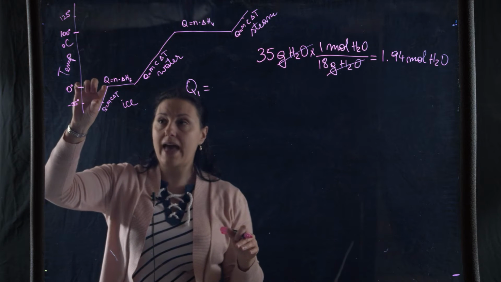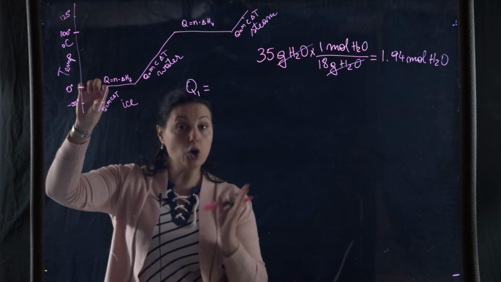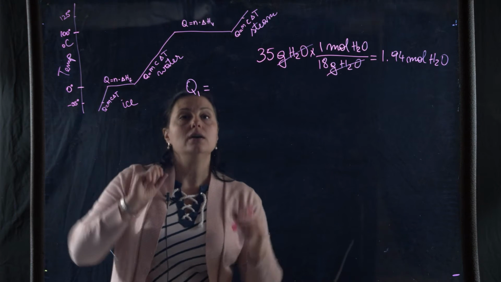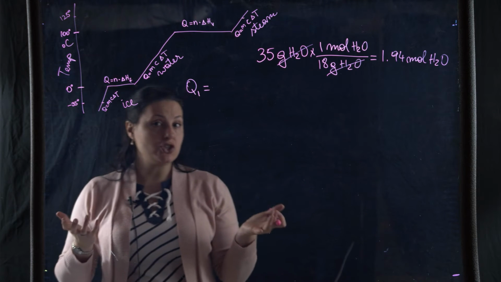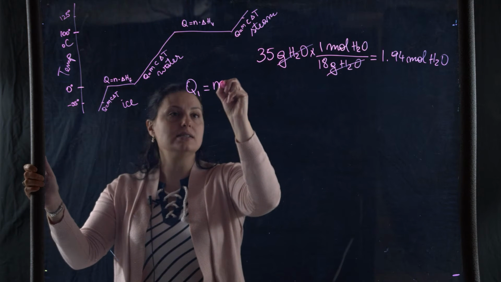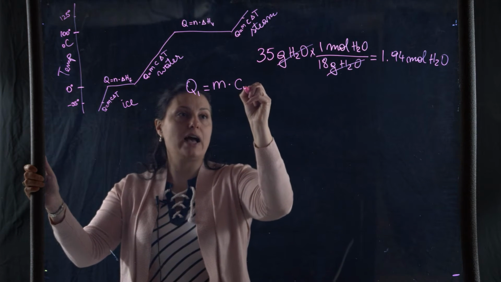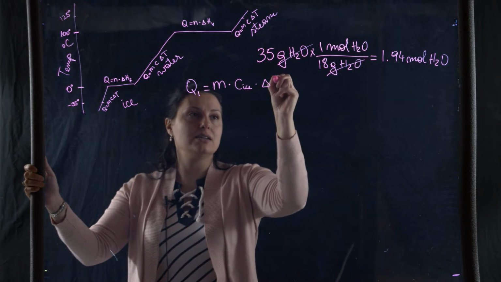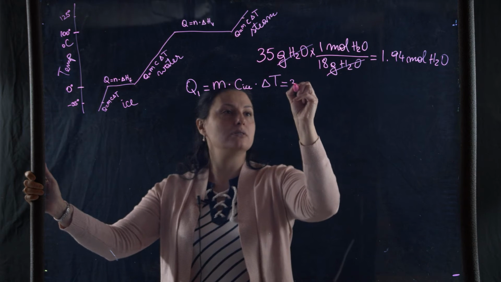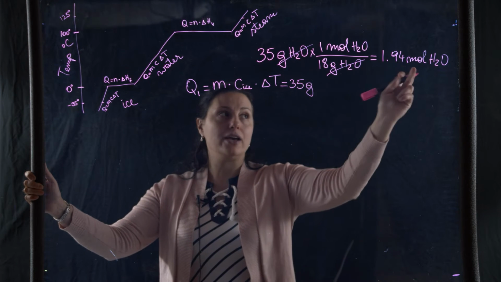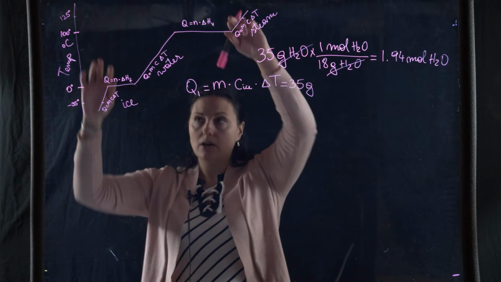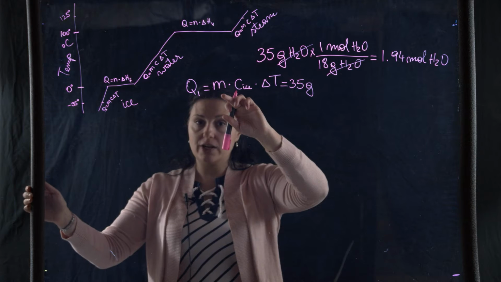But for the sloped part of the curve, I went from minus 35 to 0, and I need to calculate how much energy I have to add to the system. This is m times c for ice times my delta T, the temperature change. The mass is 35 grams. I'm not using moles for this because moles are only used for the plateau parts. The slope parts use mass in grams.